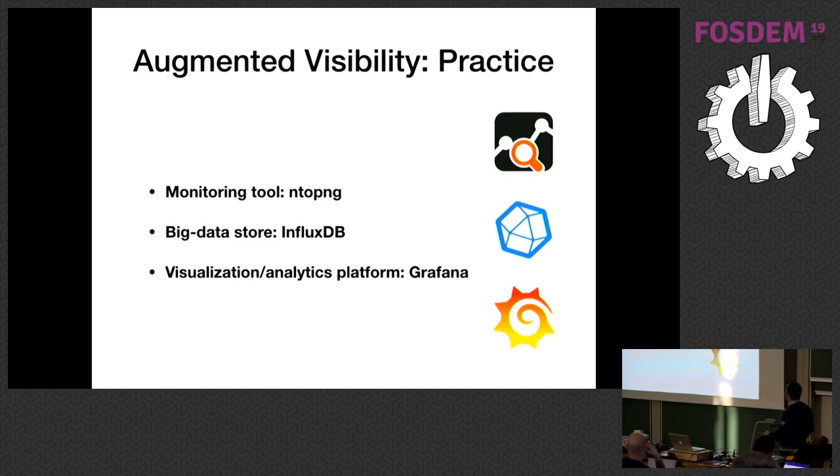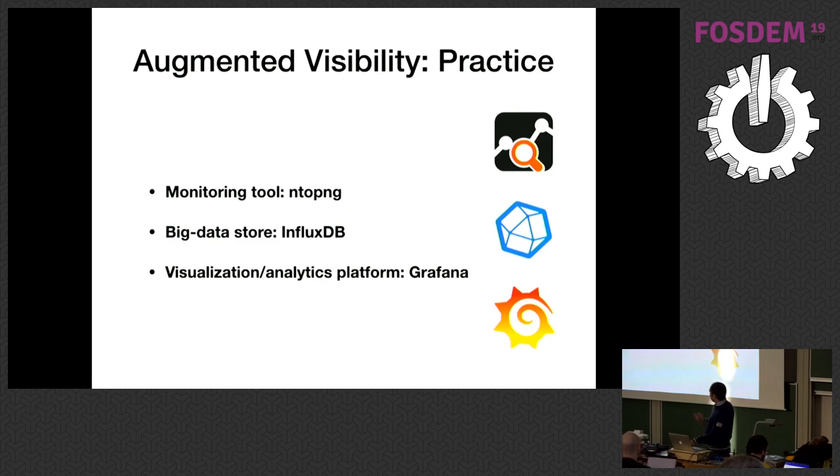I'm not going to go into the details of InfluxDB or Grafana. I mean, we had Carl right before me. So what I would like to focus on now is NtopNG, the monitoring tool, because I am one of the developers of NtopNG, and I would like to tell you how we brought NtopNG from 5 minute samples down to 10-second samples.